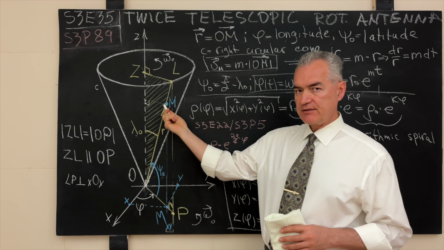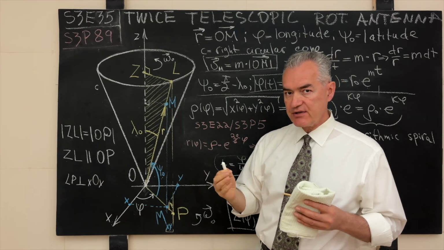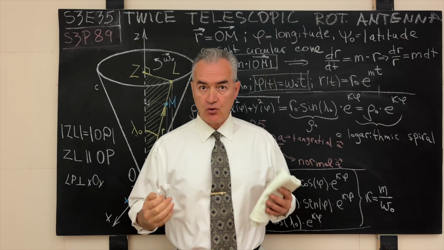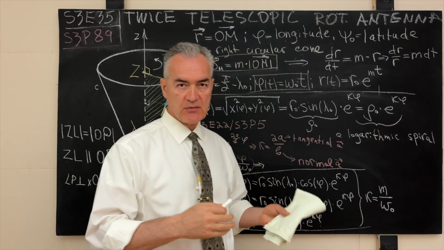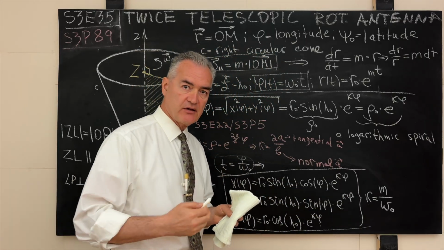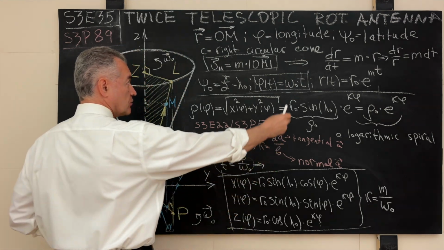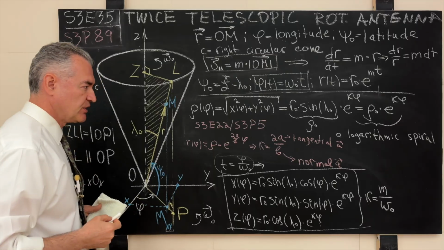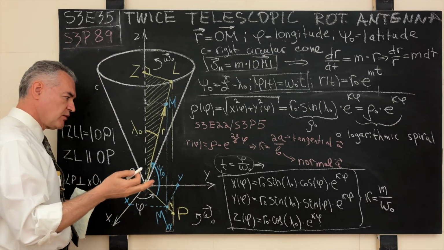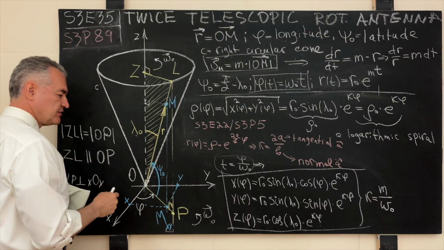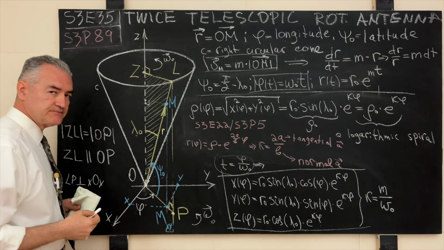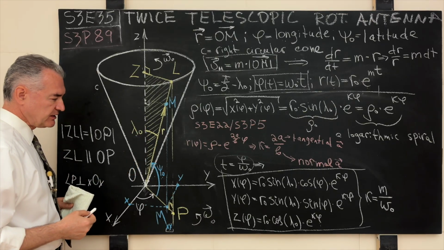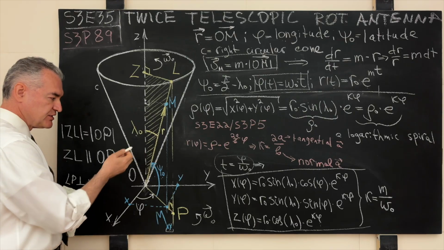spiral. And now that we have its various representations or various laws of motion as a function of time, as the function of the dihedral angle, to which we refer as the longitude of a point M in the spatial polar coordinate system, we can ask the following question: what will happen if we cut the trajectory of our point at any time with a plane that is orthogonal to the z-axis?